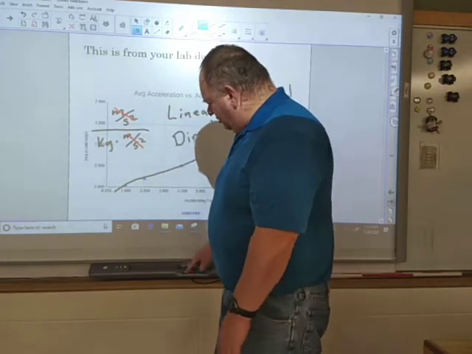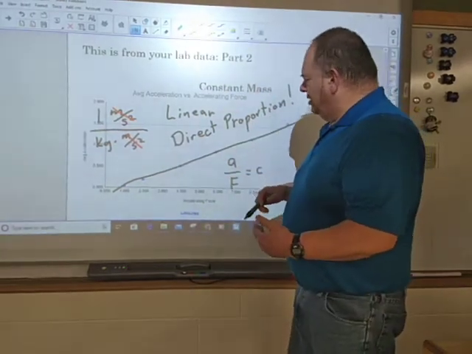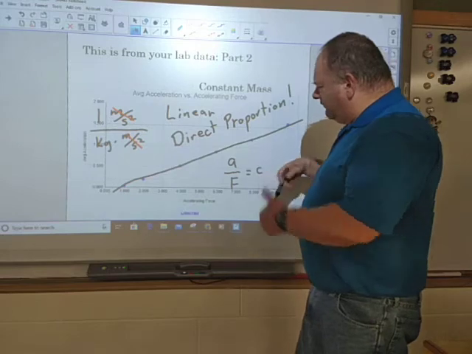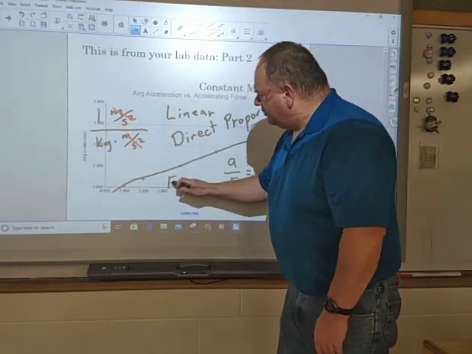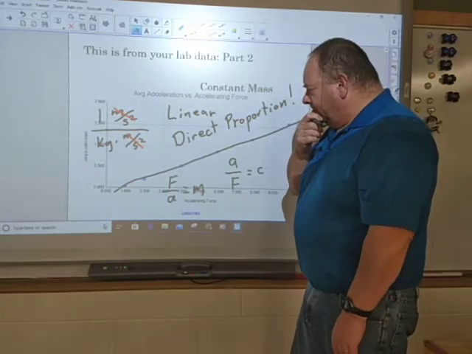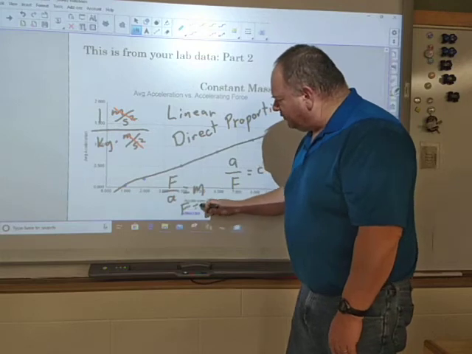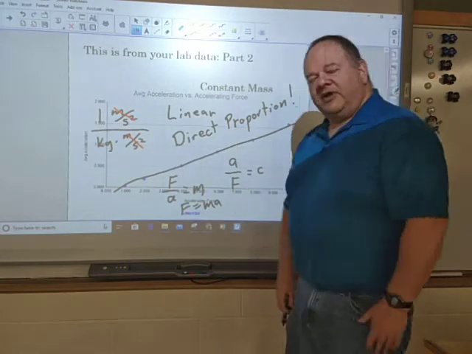So our answer is 1 over mass. So if I flip that over, force over acceleration equals mass. If I multiply both sides by A, I would have F equals ma. Oh, same thing that I got before.